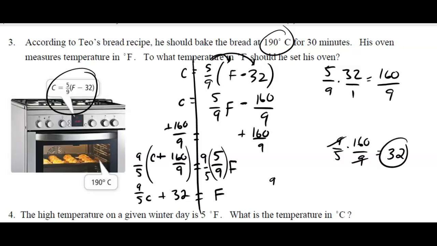So we have to do 9/5 times 190 degrees plus 32. And that will equal my Fahrenheit. Okay, and when you multiply that out, you get 374 degrees, which is probably right. It is right. 375 is kind of a standard baking temperature.